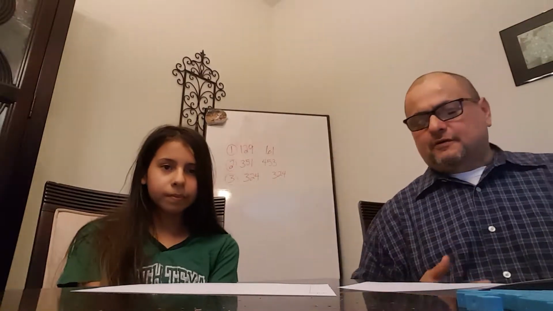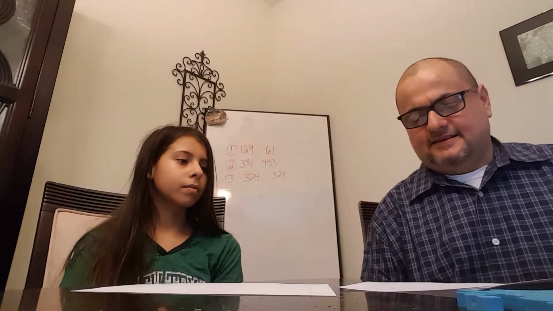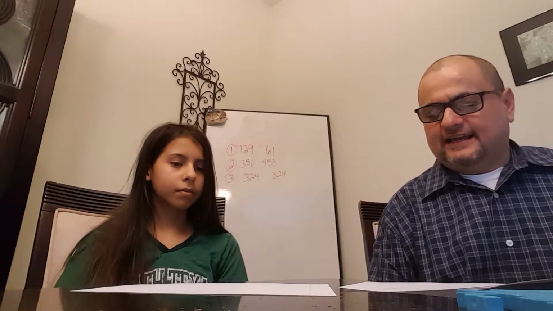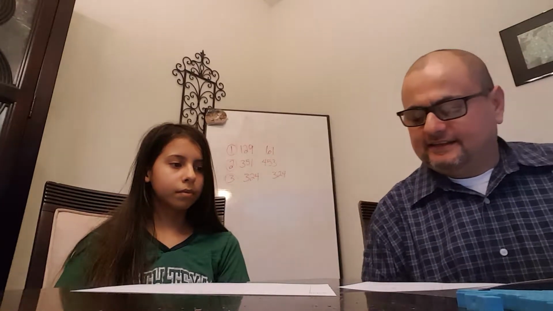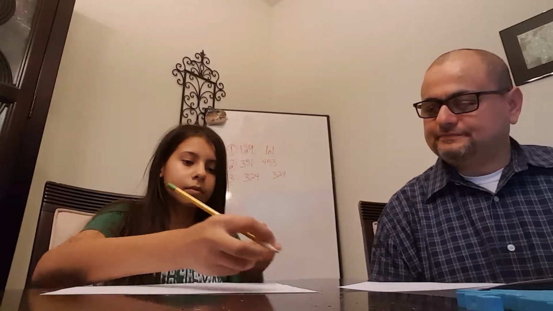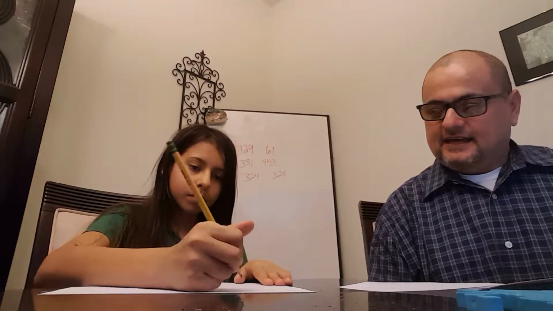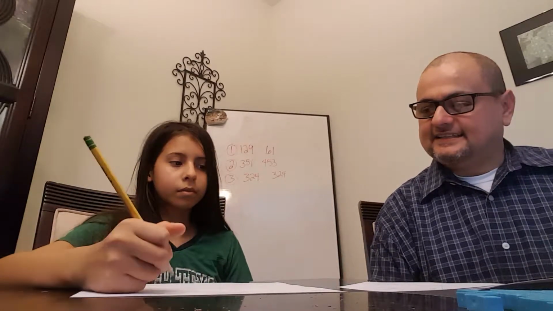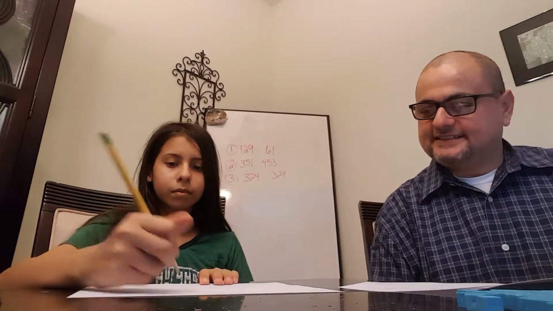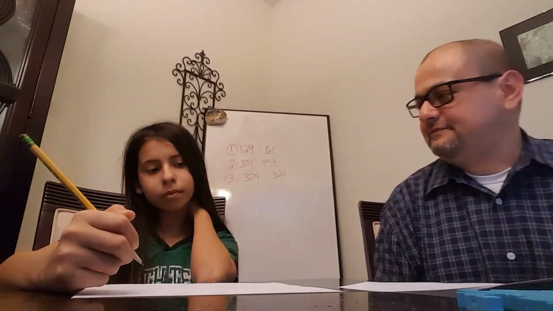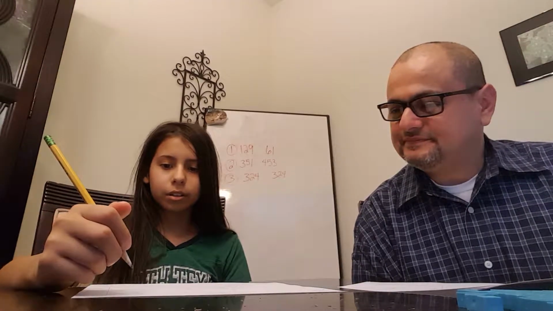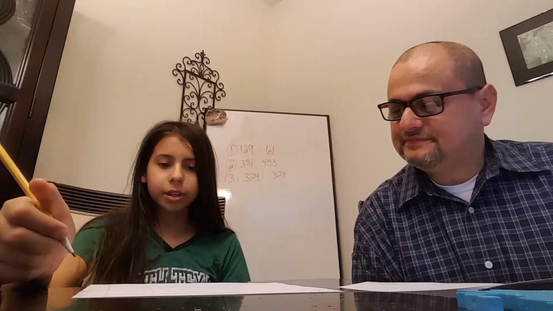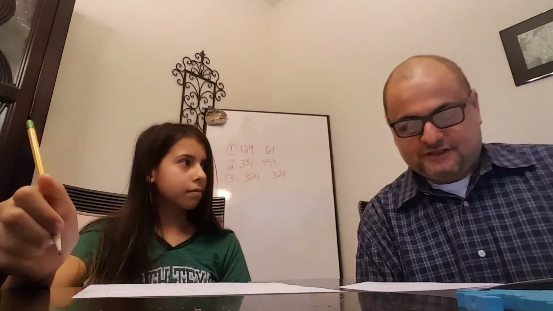So if I were to ask you to write 24 and then place a 3 in the tenths, a 6 in the hundredths, and 0 in the thousandths, what number is that? 24 and 360 thousandths. Okay. Good job.